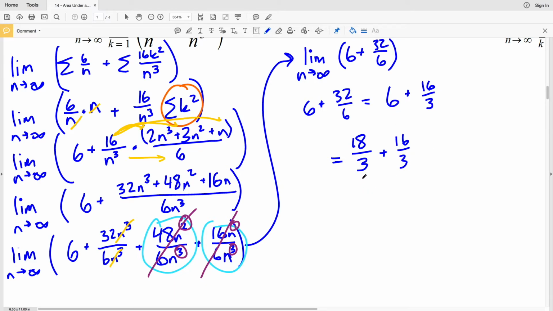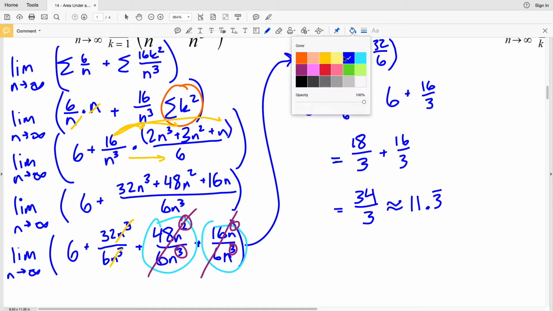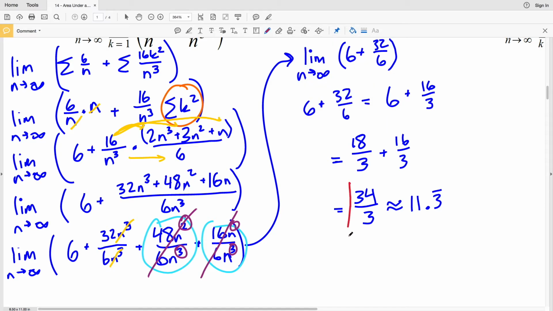And 18 plus 16 equals 34. So we have 34 over 3, which rounds to 11 and a third, or 11.3 repeating. That is our solution for number 7.